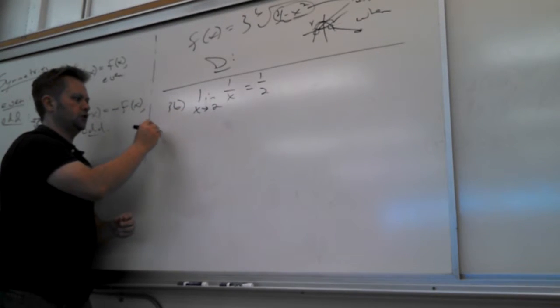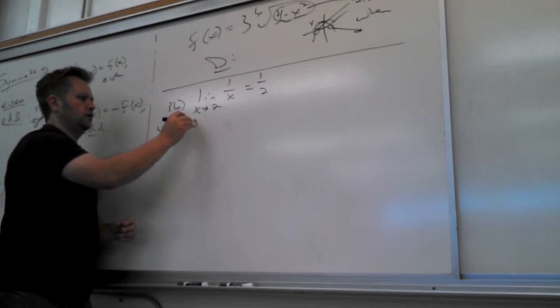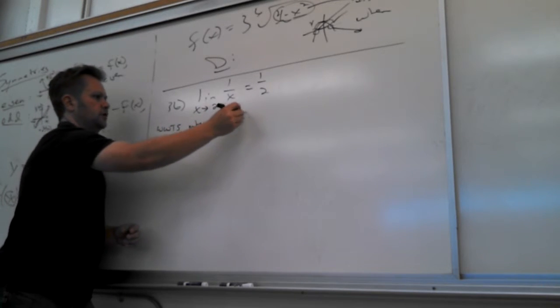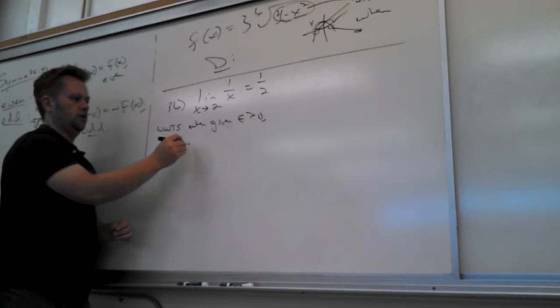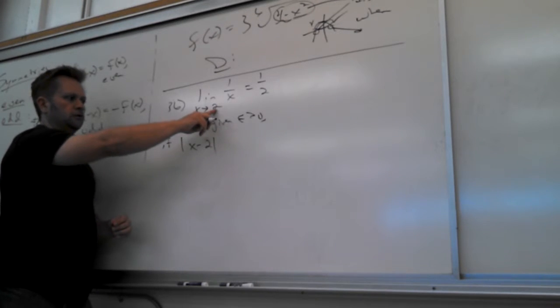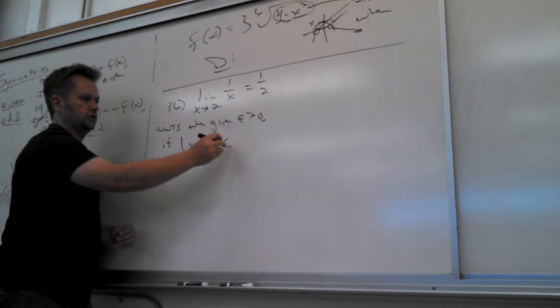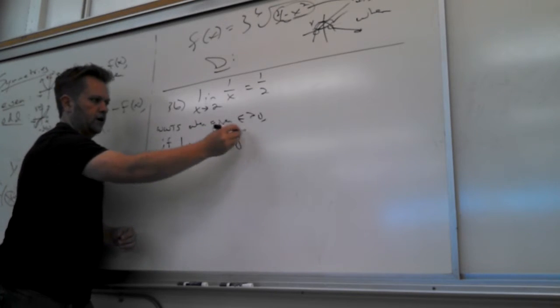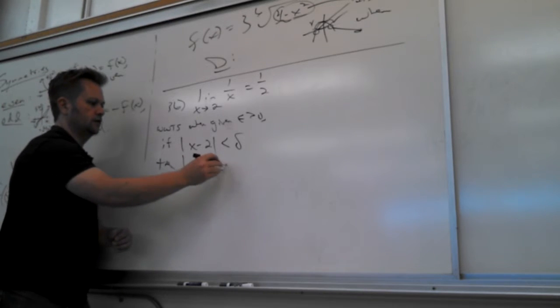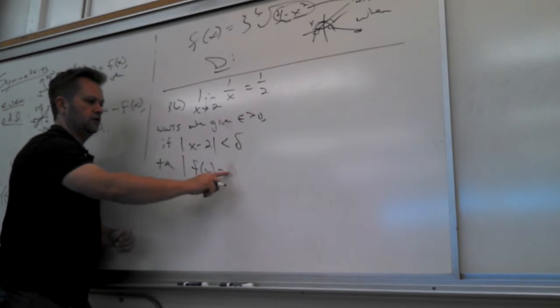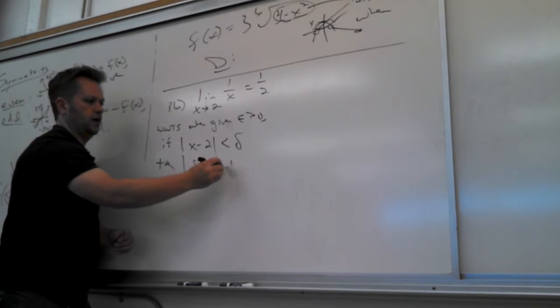So what do I need? I want to show, given epsilon greater than 0, the absolute value of x minus 2: if x gets close to 2, if my inputs get close to 2, and close is defined with delta for x's, then my outputs, let's be specific here, get really close to 1/2.